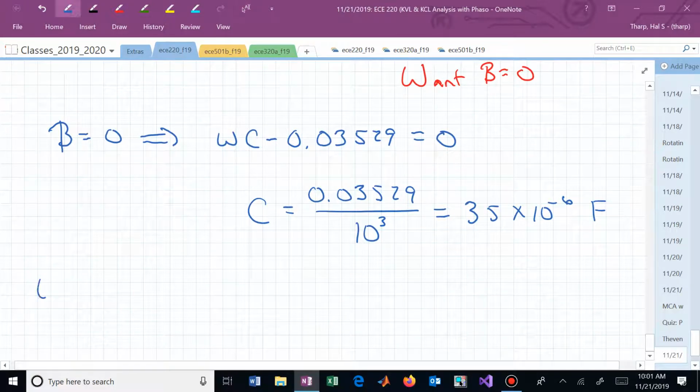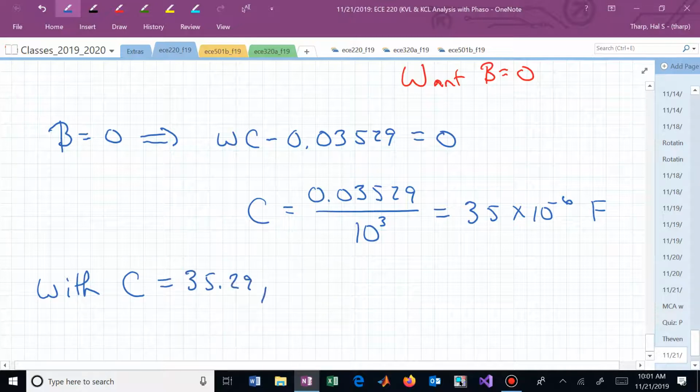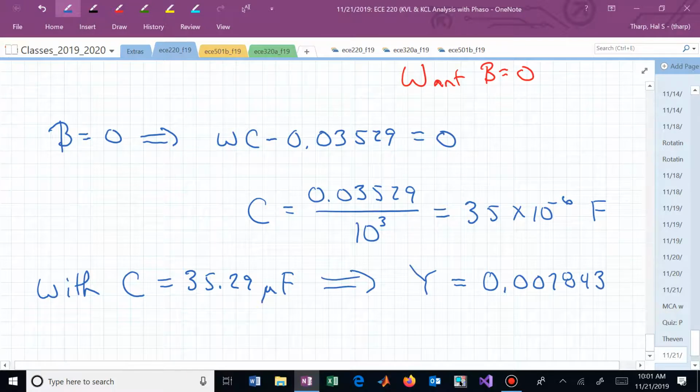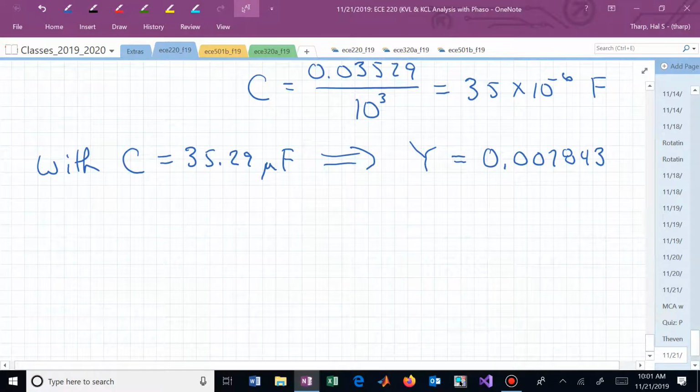And with C equaling 35.29 microfarads, my Y now is purely real. My Y is the 0.007843. And if I'm not used to thinking in terms of admittances, I can take that reciprocal to find the impedance.